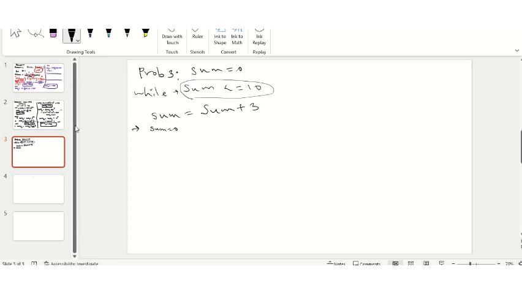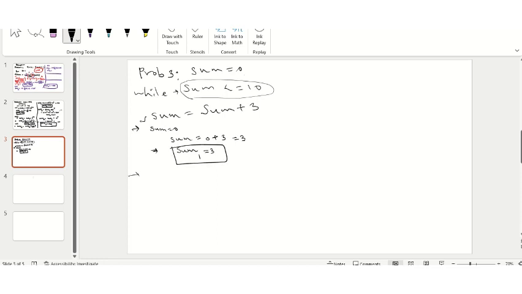Yes, satisfied. And then what is the value of sum? Sum is modified as sum is equal to sum plus 3. Right? So after the first iteration, sum is equal to 3. First iteration is completed now.